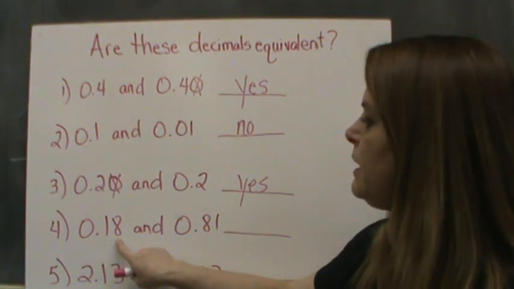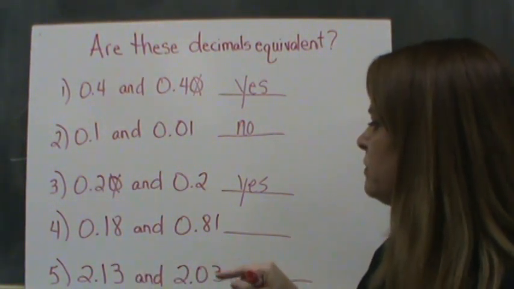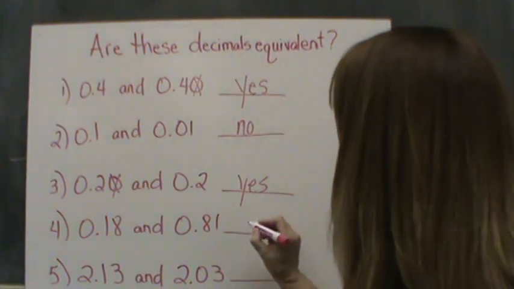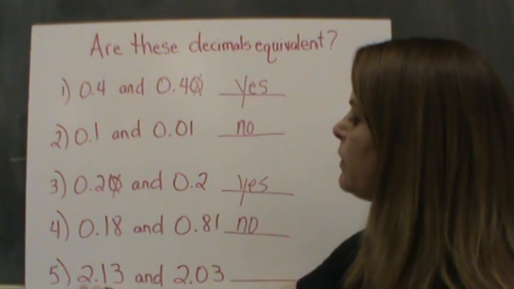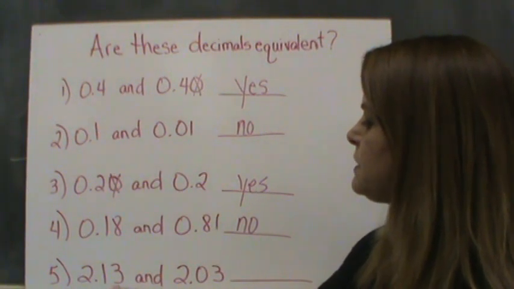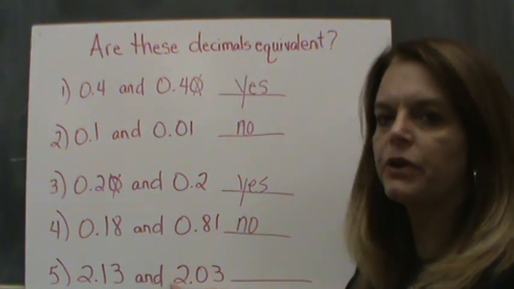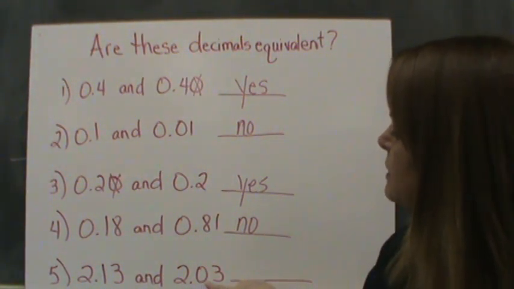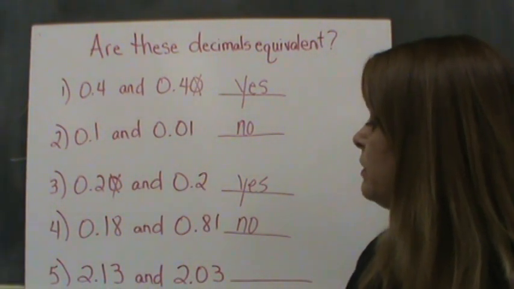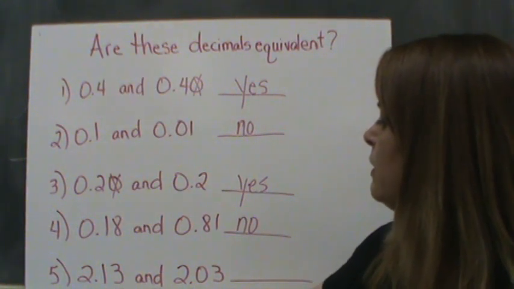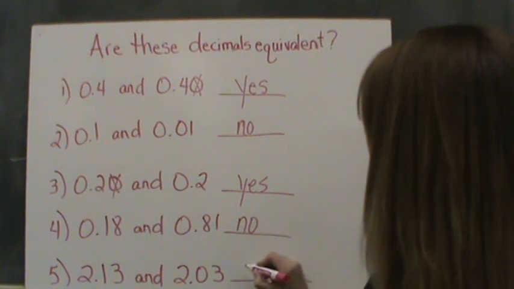This is 18 hundredths. This is 81 hundredths. Are these equivalent? No. How about this? Now I've pulled a whole number in. I have 2 and 13 hundredths, and here I have 2 and 3 hundredths. My zero is in front of my non-zero digit. Here I don't have any zeros, so I look to see 13 hundredths, 3 hundredths. Are these equivalent? No.